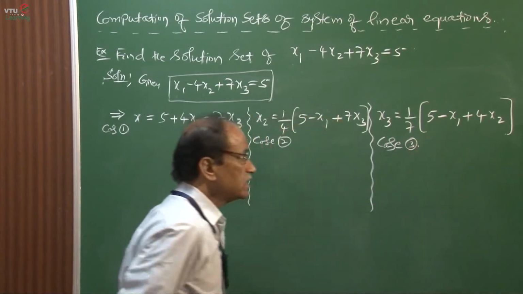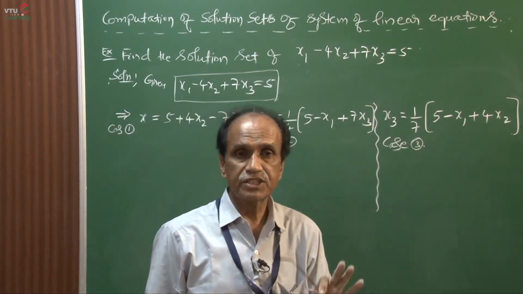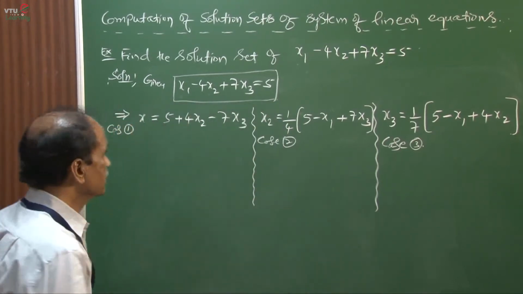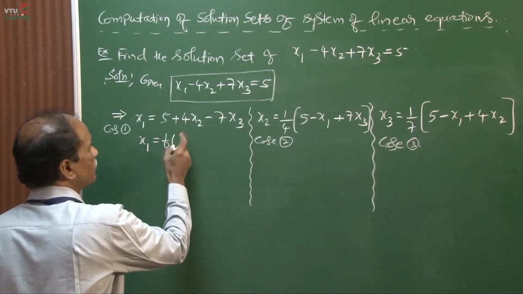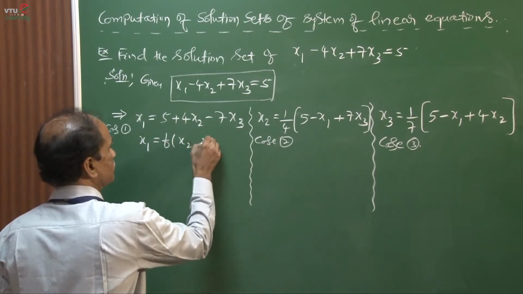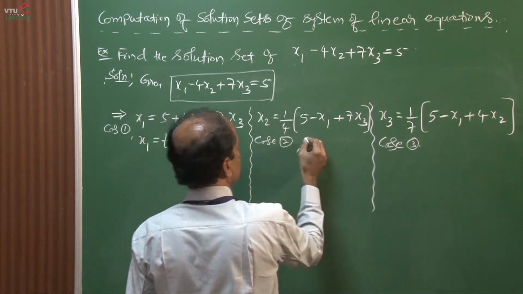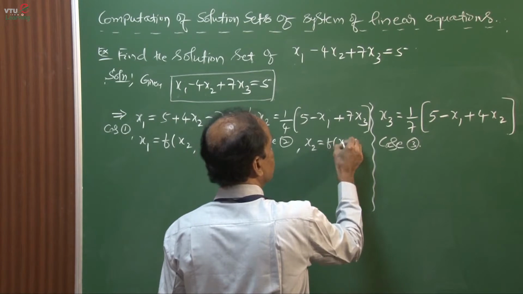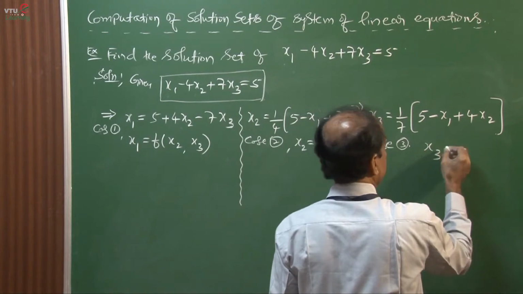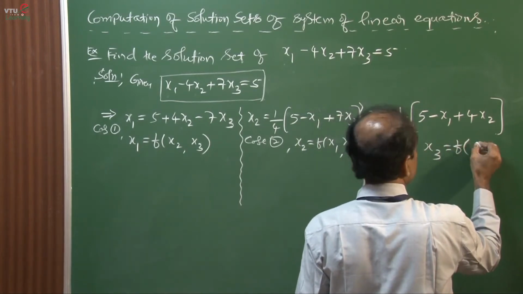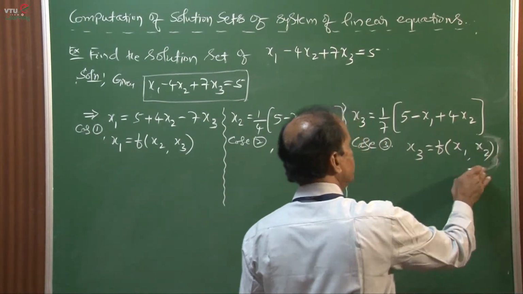In all the three cases we give the inputs by defining the functional relation properly. What is the functional relation here? In the first case, x1 is a function of x2 and x3, and here x2 is a function of x1 and x3, and here x3 is a function of x1 and x2.